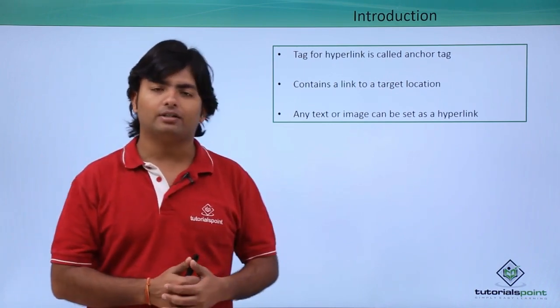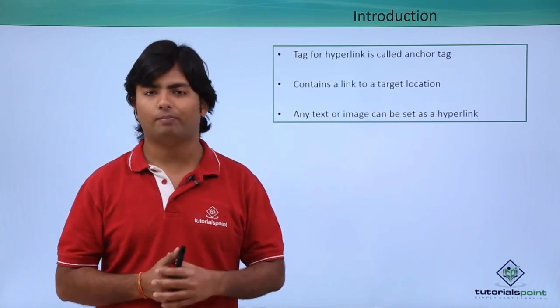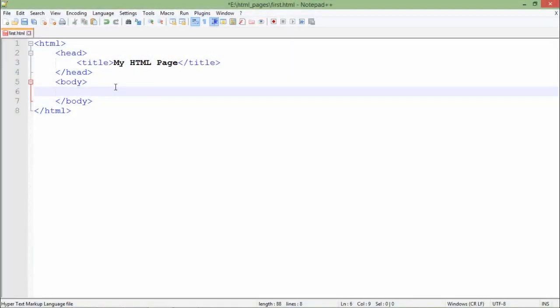So let's see a practical implementation of making hyperlinks in your web page. Here I'll start writing the hyperlink with an anchor tag, which is nothing but A, that is anchor. Between the opening and closing tag I will write some text like "Click here for Tutorialspoint". I want that when a user clicks over this hyperlink, it should reach the Tutorialspoint official website.